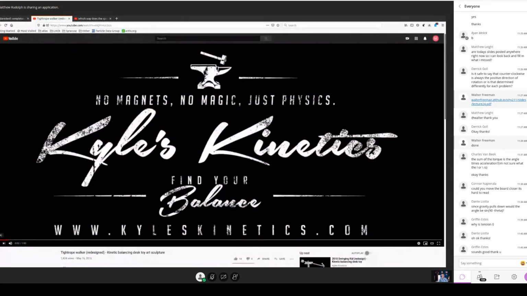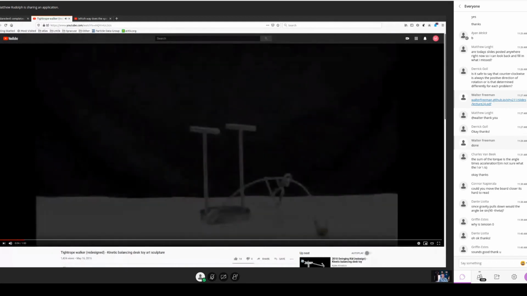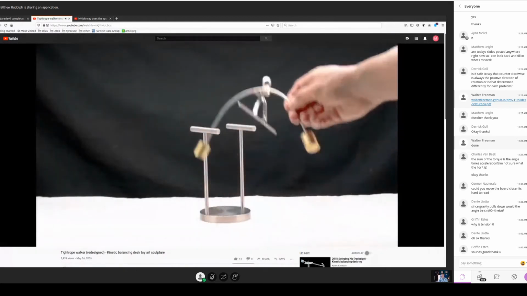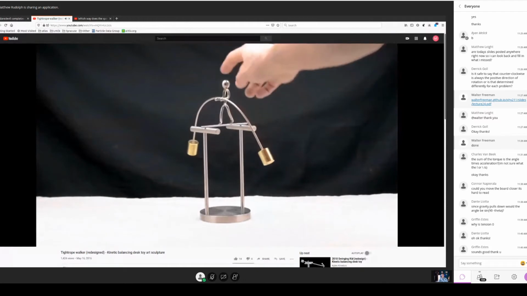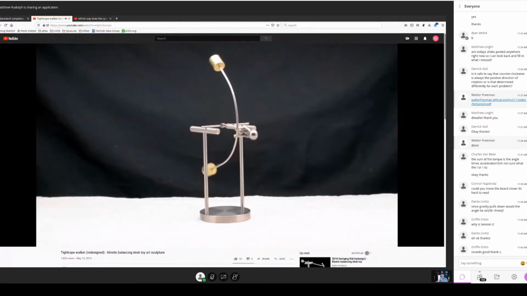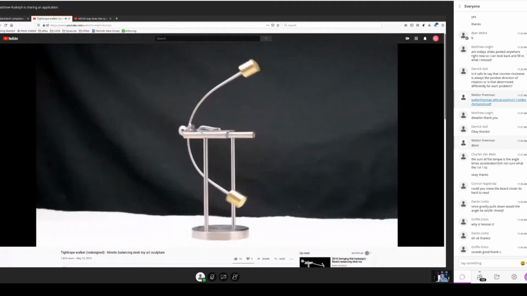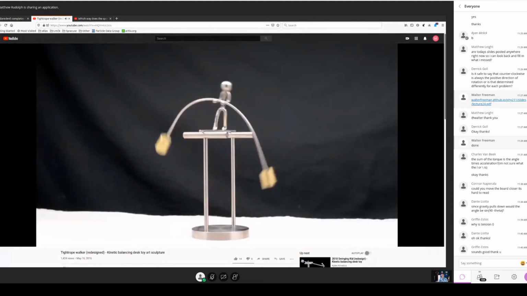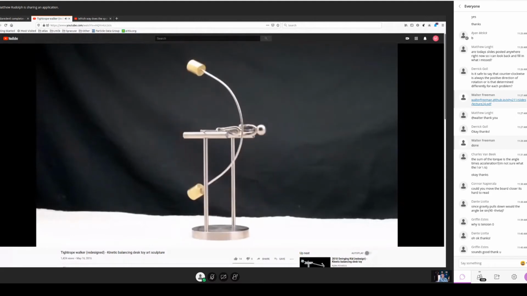Another good way that's a little closer to what we can actually do in this class with the problem is to take a look at this toy. So here's our tightrope walker with his weights. And if you pull it down and let it go, it'll just go back and forth. It doesn't want to just fall, right? It wants to keep going.